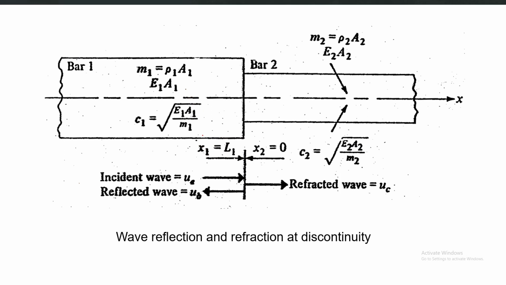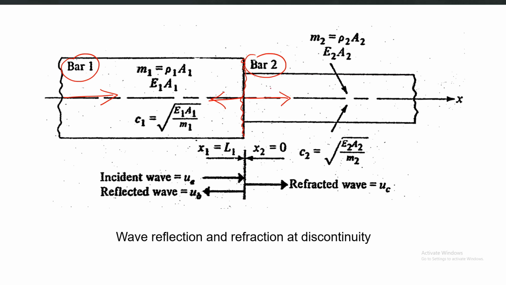Another example where you have two different media, bar 1 and bar 2. This is also a discontinuity at the interface because the material properties change. So whenever a wave traveling from one bar moves to the second bar, some part of it will be reflected back, and some part will continue to travel into bar 2.